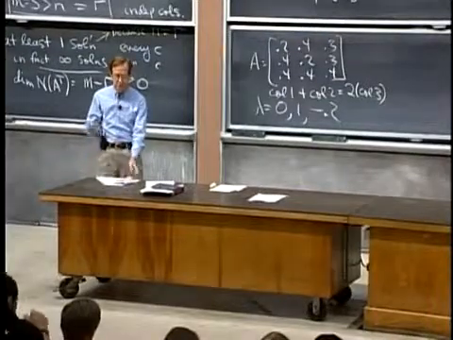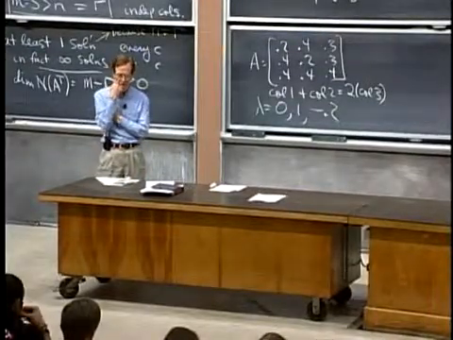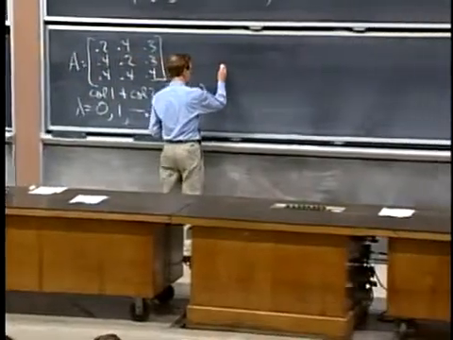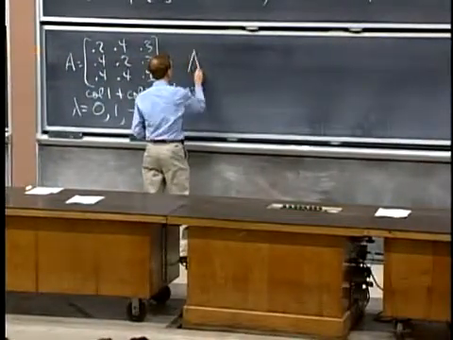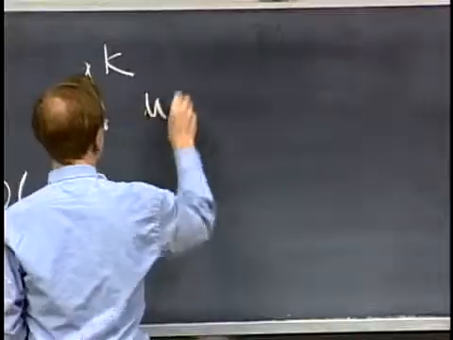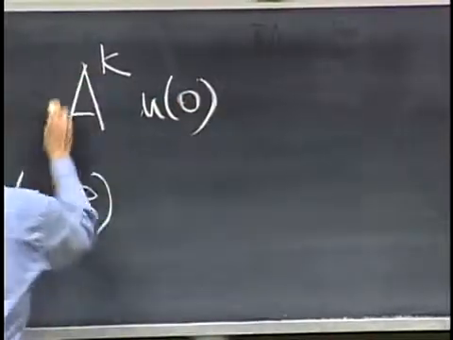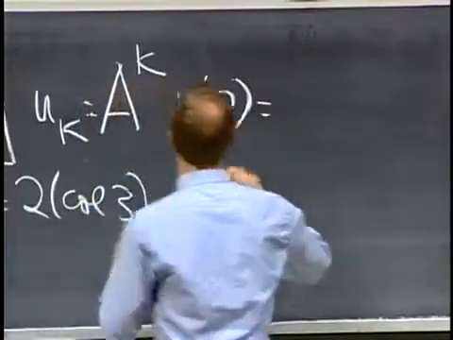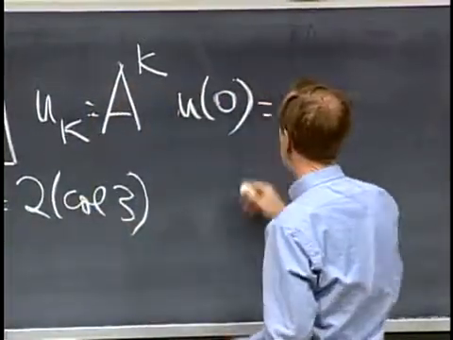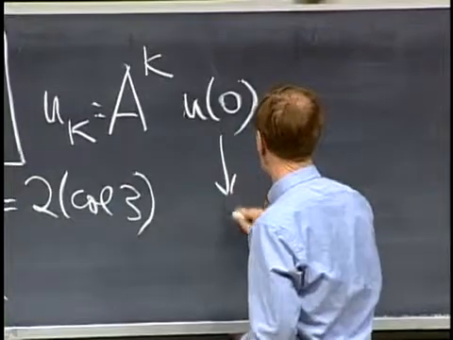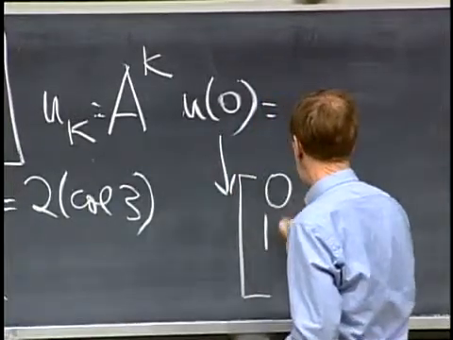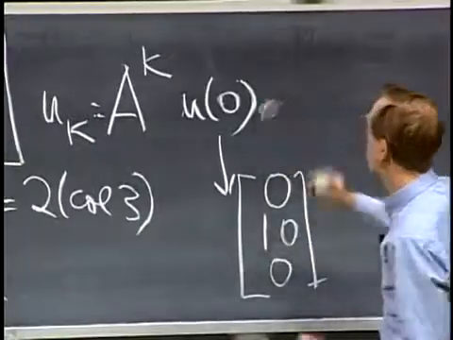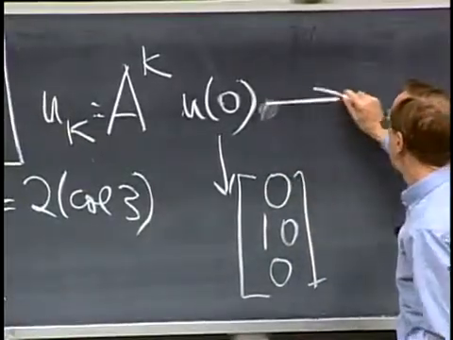And now, suppose I start the Markov process. Suppose I start with u of 0. So I'm going to look at the powers of A applied to u of 0. This is u_k. And there's my matrix, and I'm going to let u of 0 be 0, 10, 0. My question is, what does that approach?